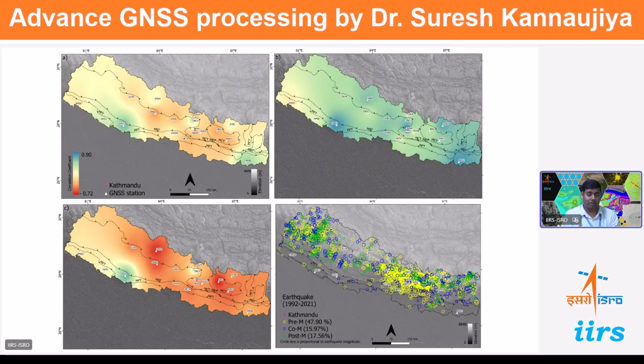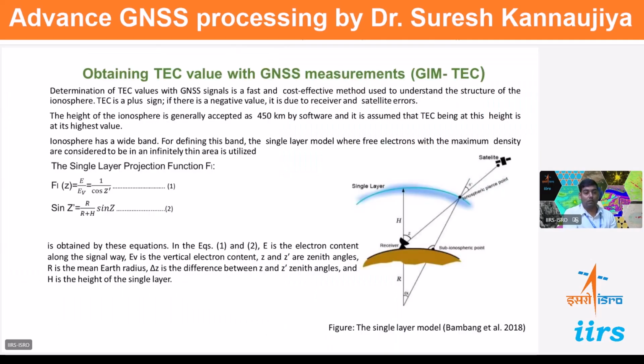We know that the Himalaya is rising. Of course, plate convergence is contributing to the rise of the Himalaya, and it is mainly happening in the Lesser Himalaya and the Higher Himalaya. But in the Indo-Gangetic Plain, the IGP, and the Shivalik region, there is less influence in the vertical component, and the rising component is very small.